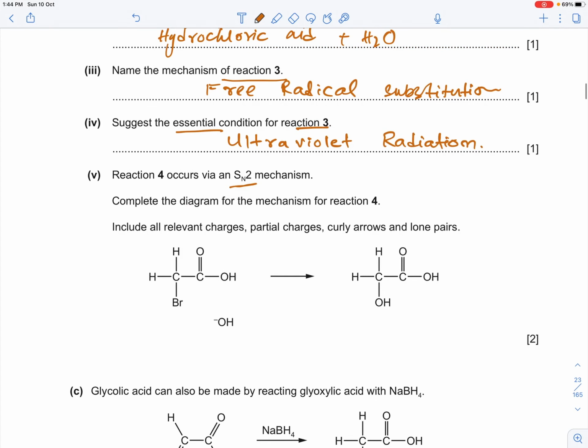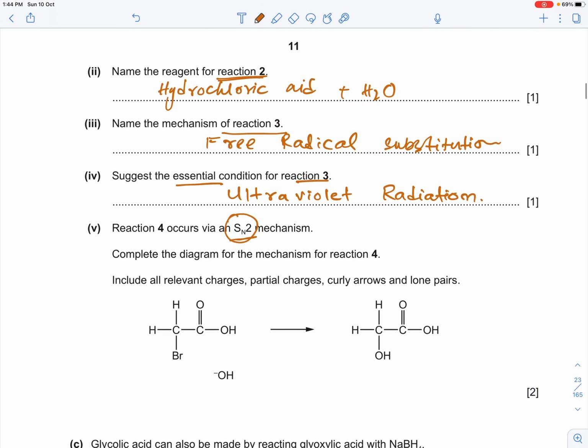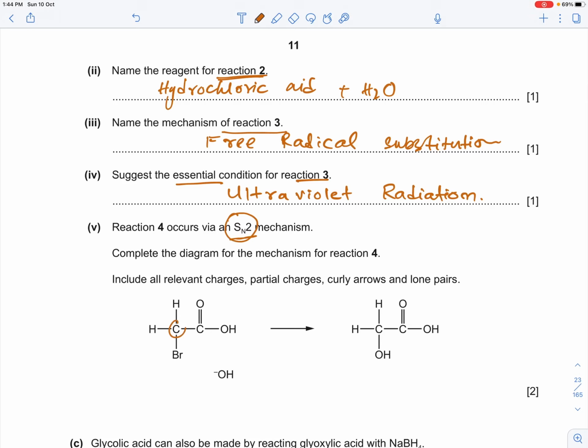Primary alkyl halides react through the SN2 mechanism. The carbon which is attached to bromine is directly attached to only one carbon, so that means it is a primary alkyl halide.